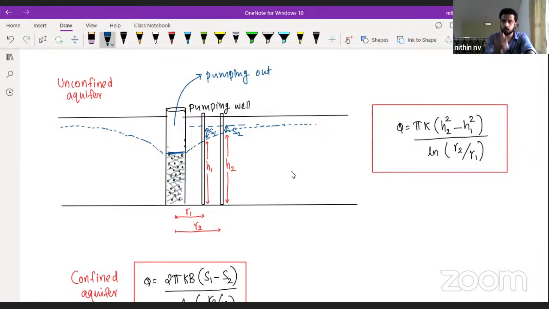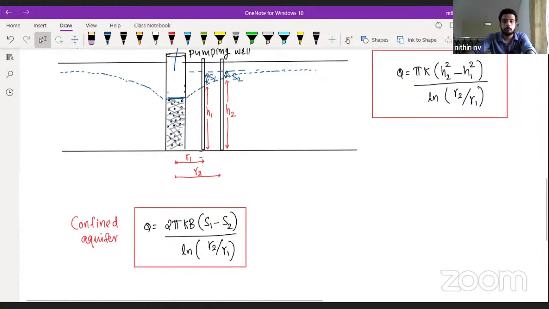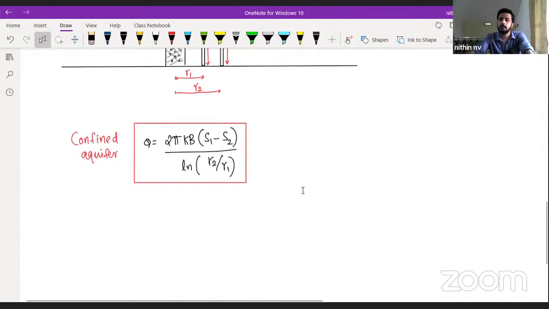I can also write S1 minus S2 as H2 minus S1, the difference between those levels. Clear? So the equation has only a small change, the square gets eliminated and we have S1 minus S2. If it is a confined aquifer, then B also comes into the equation, where B is the thickness of the aquifer.